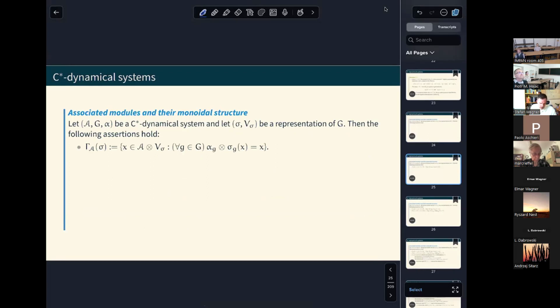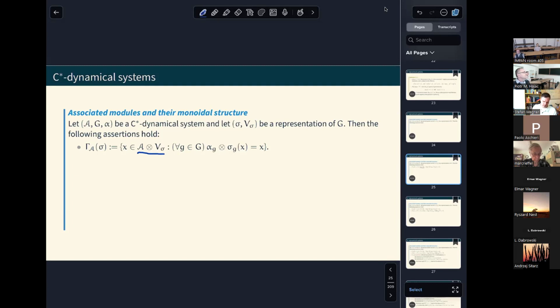We look at this space, which is an associated vector bundle if you want. What I do here is look at the tensor product of A and the representation space of sigma. And on this space, I have a natural tensor product action. So this space is simply the fixed point algebra with respect to the tensor product action here.